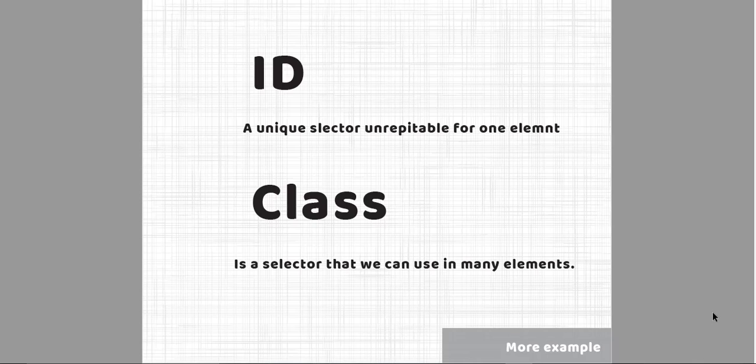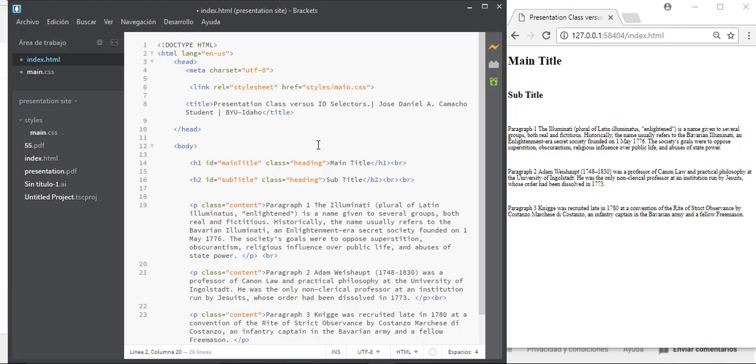So we can summarize that an ID is a unique selector that only one element can use, and no other element can use the same ID. And a class is a selector that you can use in many elements, and many elements can share the same class. Let's watch the example.